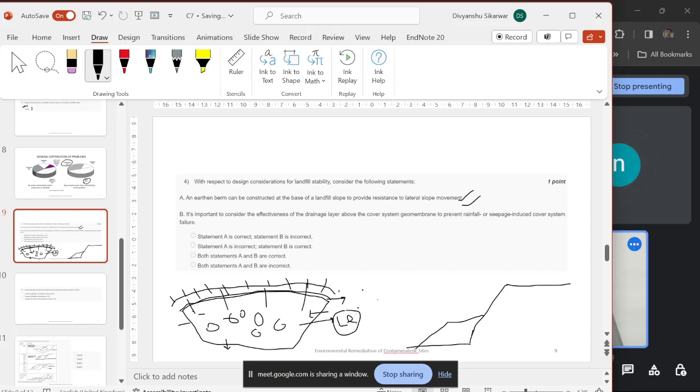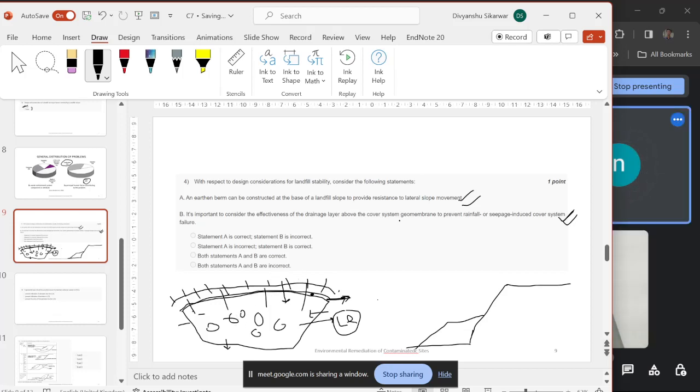Yes, sir. So along the same lines, it's important to consider the effectiveness of the drainage layer. The more effective and impermeable this layer is, or the better designed it is, the less rainfall water will enter the system, right?